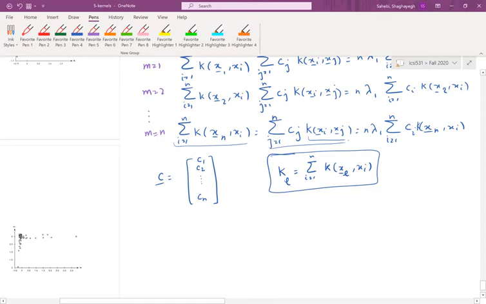If I do this, then I can rewrite my system of equations, these n equations, like this.